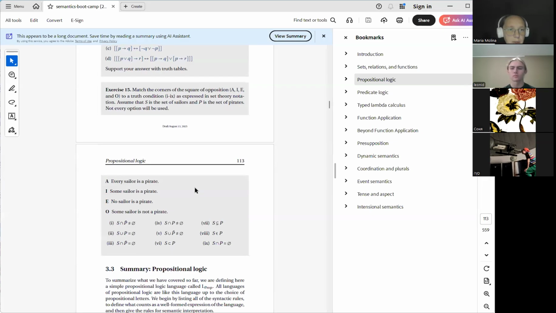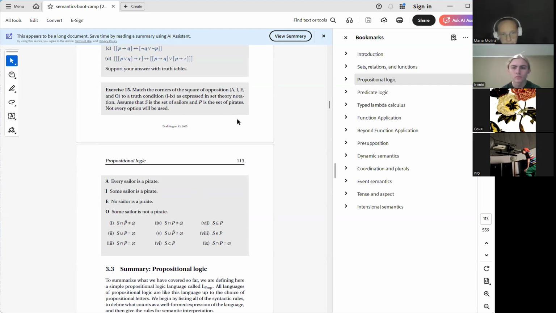So, what we were supposed to do, you remember, we were talking about exercise 15. Make the corners of the square of opposition. You remember the square of opposition.